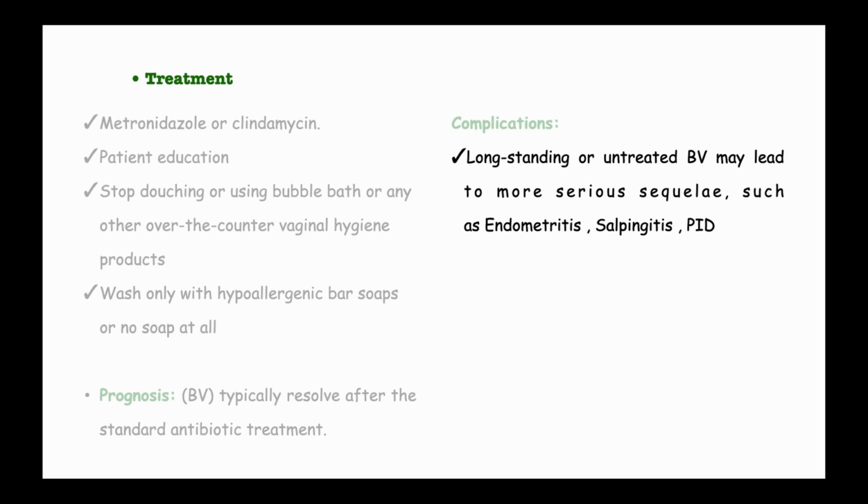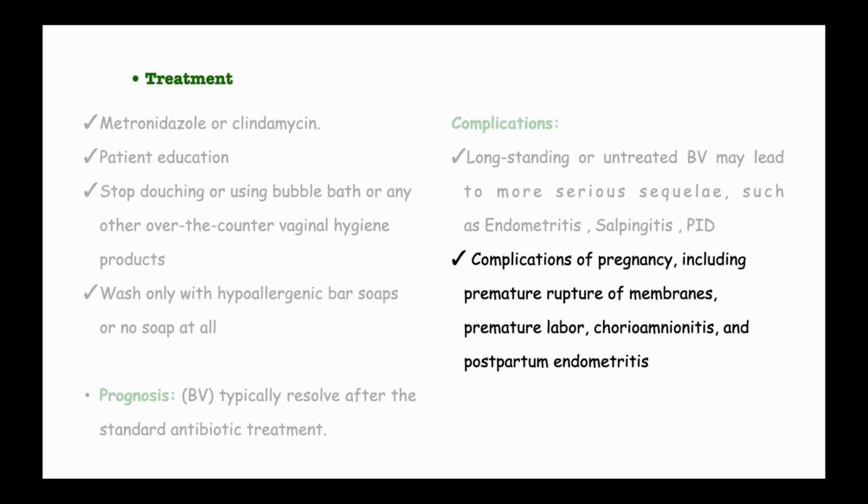And we may also have complications of pregnancy, as we've seen, which may be premature rupture of membranes, premature labor, as well as preterm delivery, and also chorioamnionitis, and also postpartum endometritis.